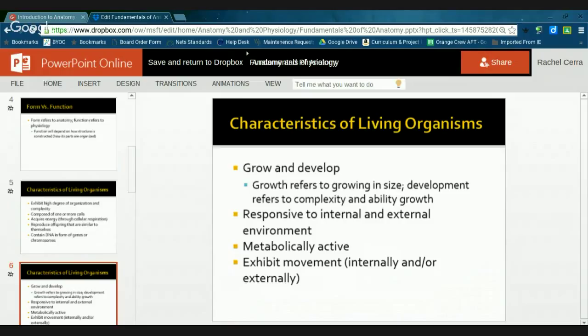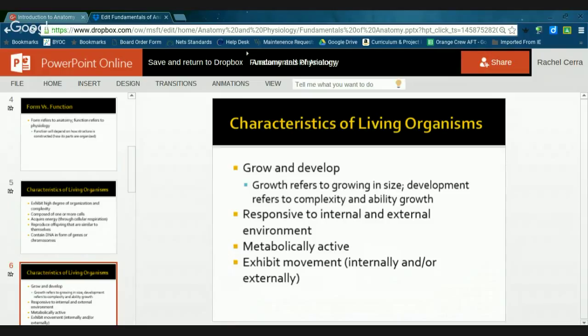So eventually, to gain adulthood, they will grow in size. And then they will also develop, which means they will become more complex. So more than likely, you will stop growing at some point in your life, but theoretically, you will never stop developing. Hopefully, you'll always be gaining new abilities and things like that.